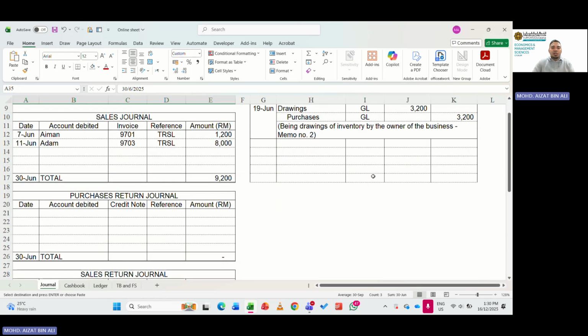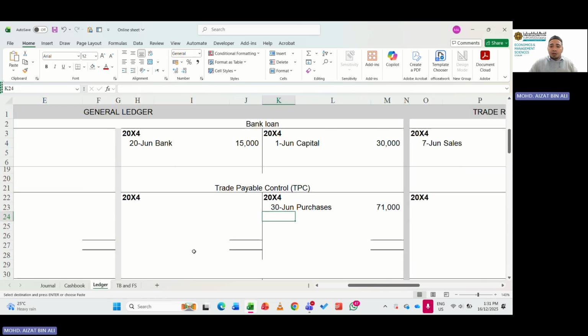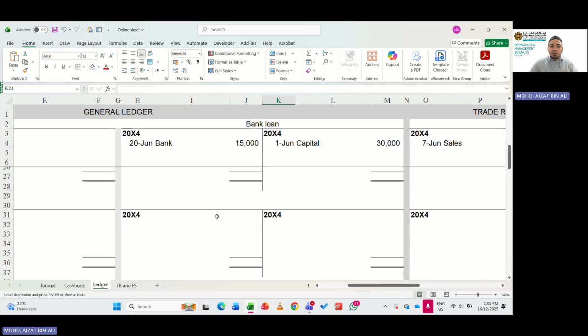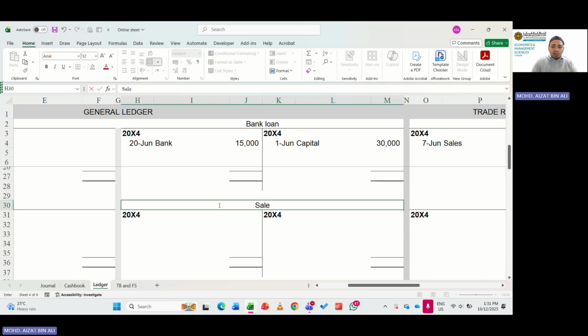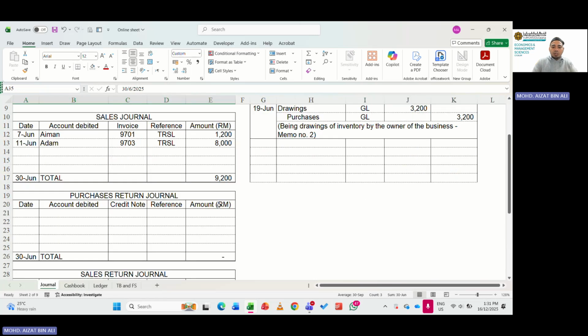Now let's update the sales account, 9,200 ringgit. I don't think we have opened our sales account yet, so let's open it. Sales on the credit side, 30th June, and this is TRC. The amount was 9,200 ringgit.